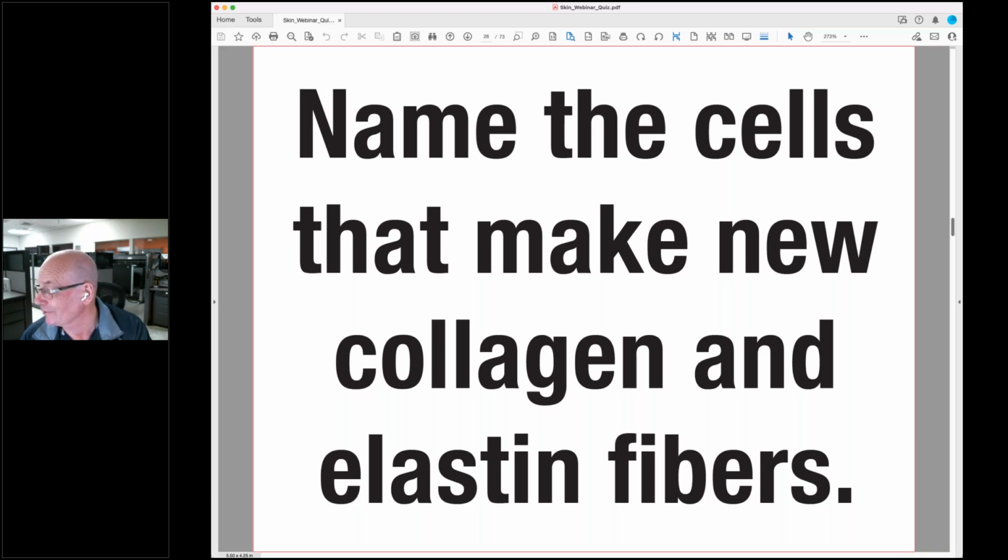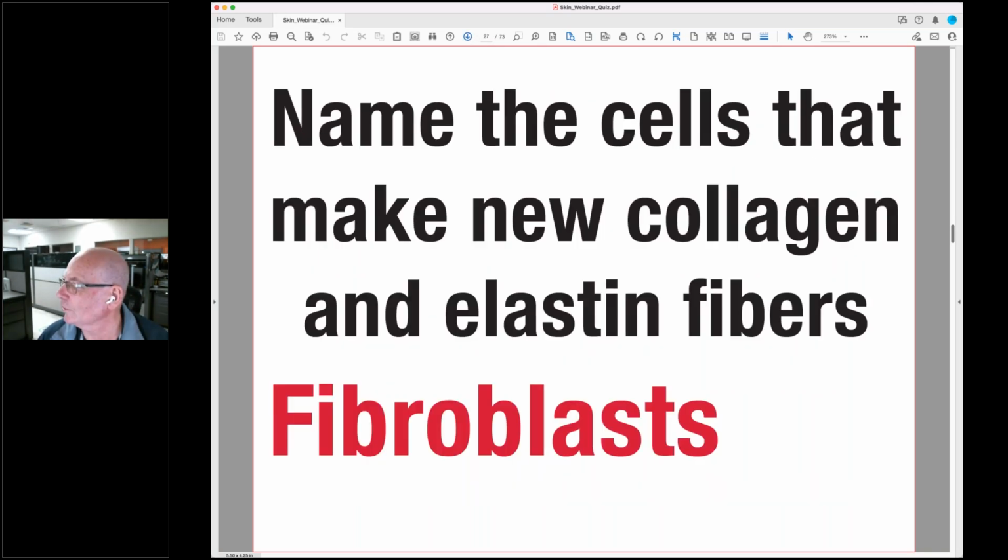That's why we're reviewing this, right? So hopefully it sinks in. A bunch of you got it. Fibroblast. We're looking for cells that make new collagen fibers, fibroblast. Very good.